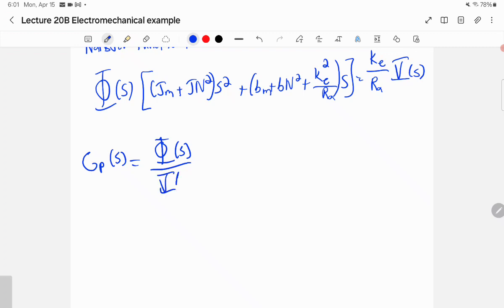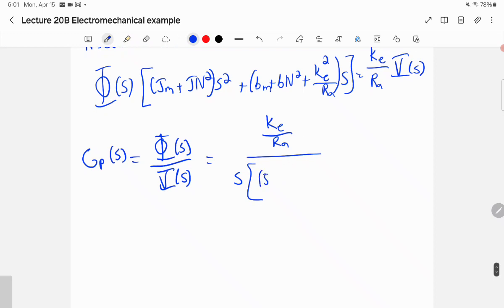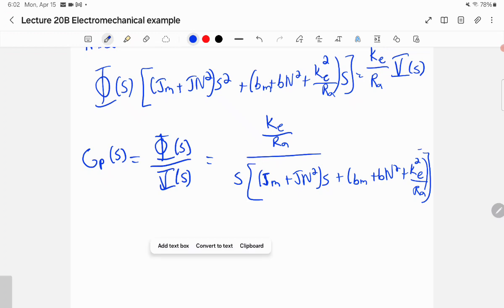In the context of control. And then I'm going to factor out an S here. And notice that there's no S inside of this relationship now.